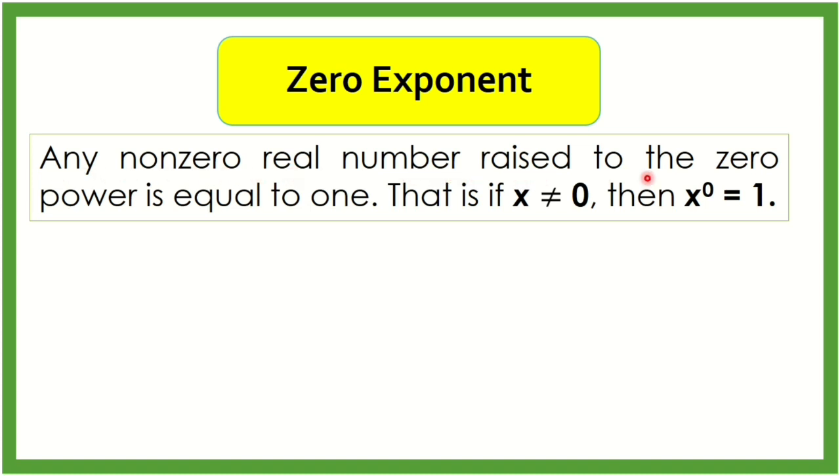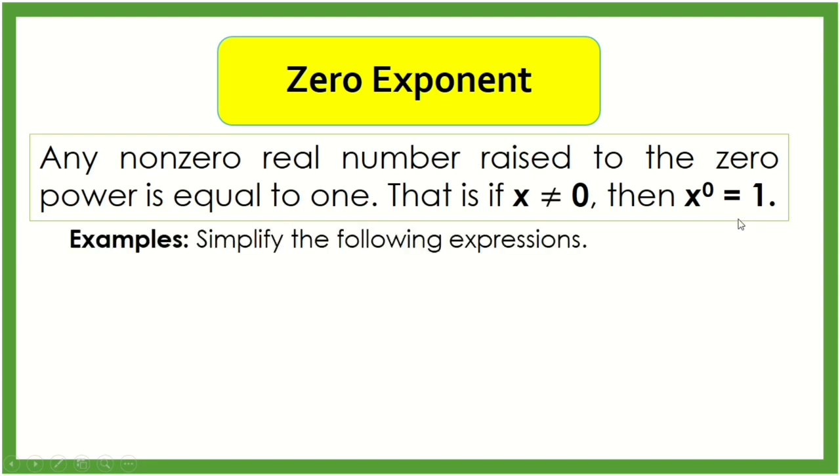Any non-zero real number raised to the 0 power is equal to 1. That is, if x is not equal to 0, then x raised to 0 is equal to 1. So, tandaan sa zero exponent, any number raised to 0 that is equal to 1.